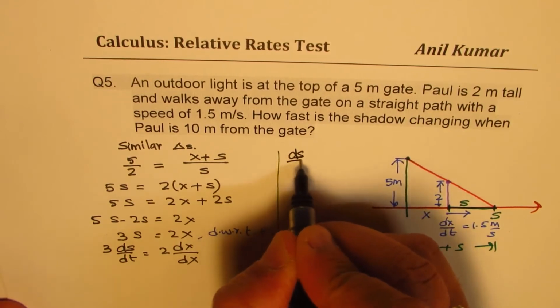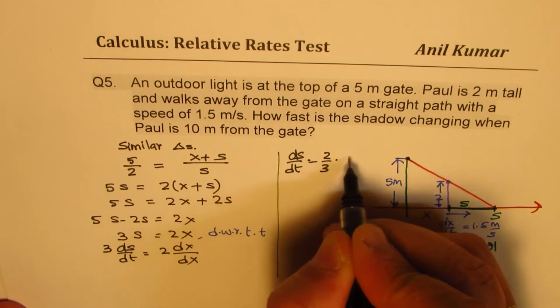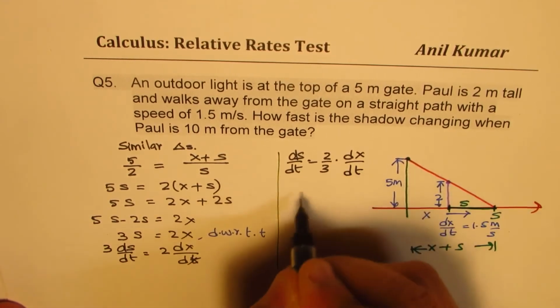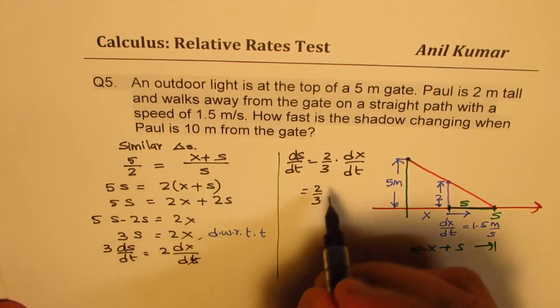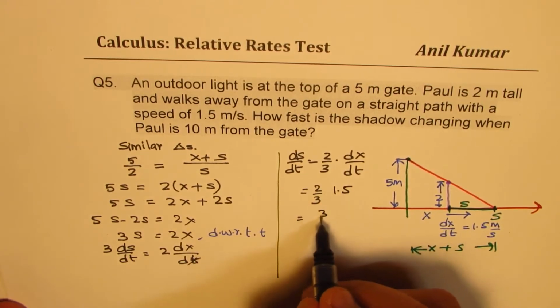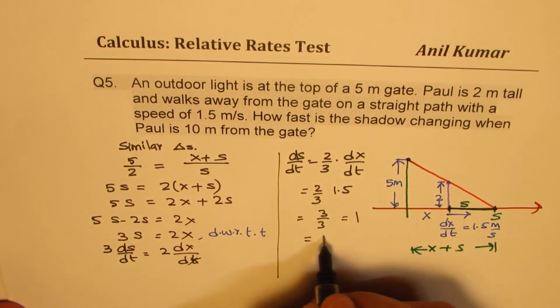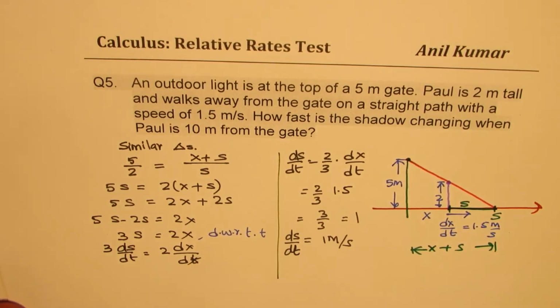So ds/dt will be equal to 2/3 of dx/dt, which is 2/3 of 1.5. So that is 3 over 3, which is 1. So we get 1 meter per second as the rate of change of shadow length with respect to time.